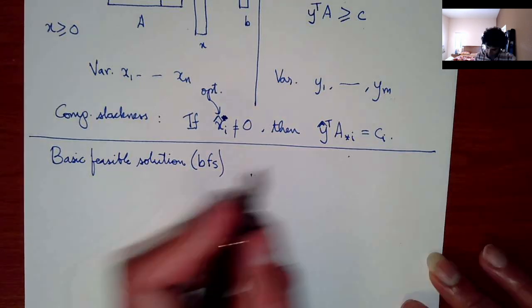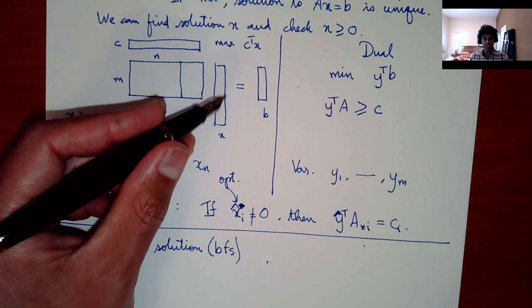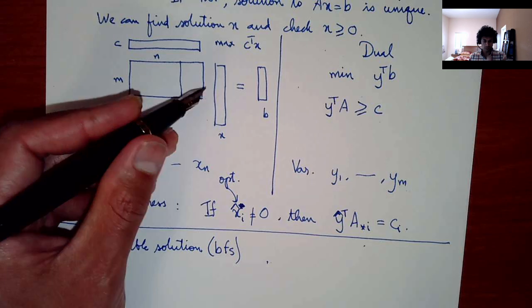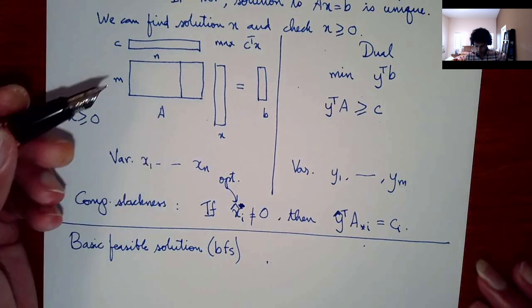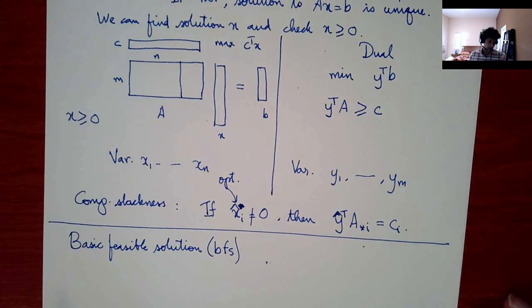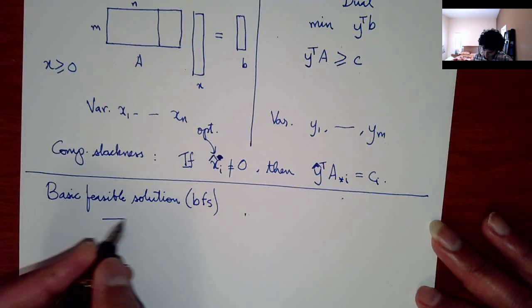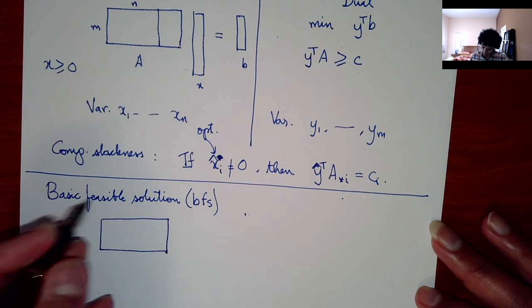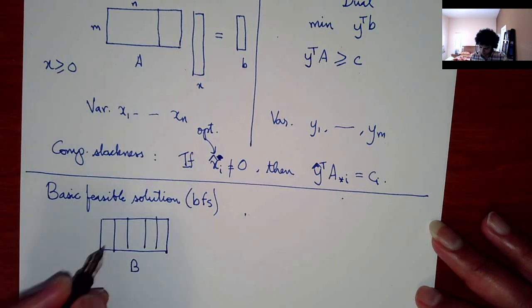So going back and looking at our matrix, this is an equality, AX is equal to B. So we are going to construct a basic feasible solution as follows. Take our matrix. Let B be a subset of columns.